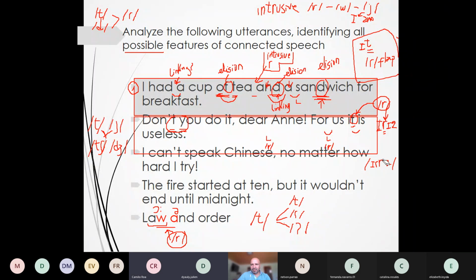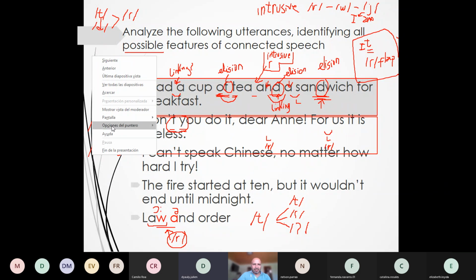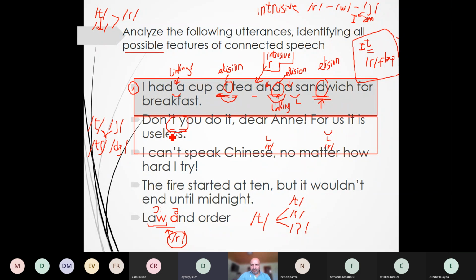Okay, teacher, I remembered. Please, all the questions and comments are welcome. So an intrusive sound is like the sound we add between the words, right? For example, an intrusive R. Yes, in intrusive, it goes in between.